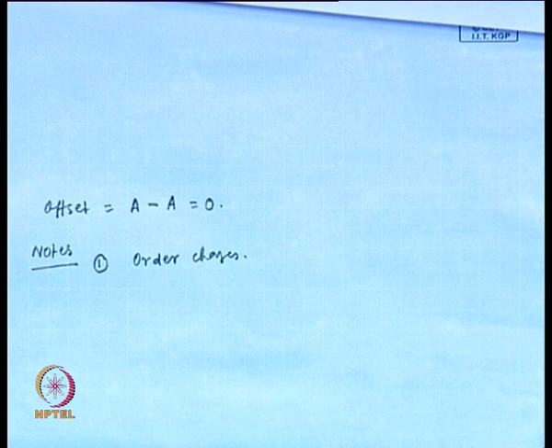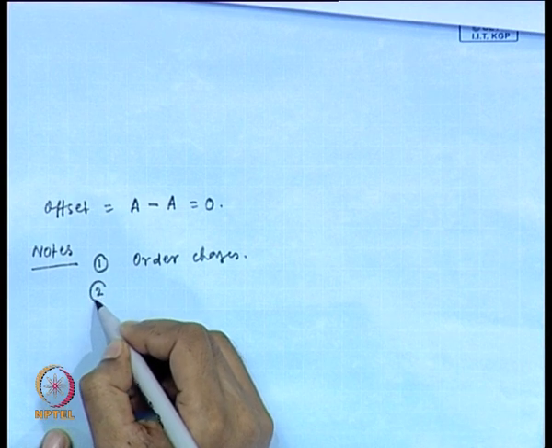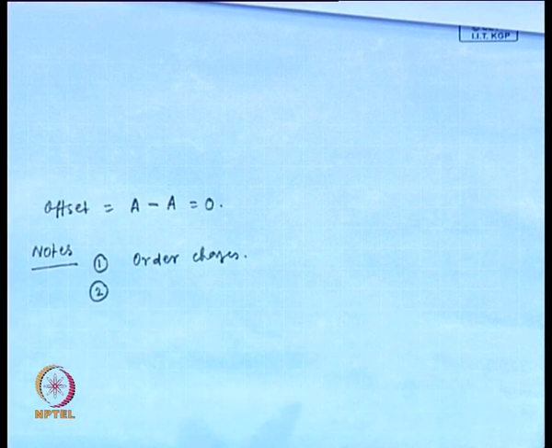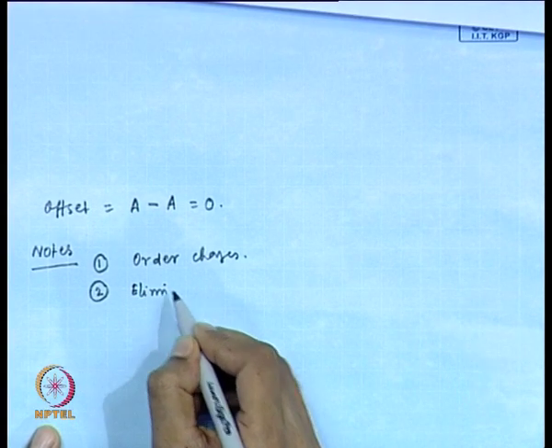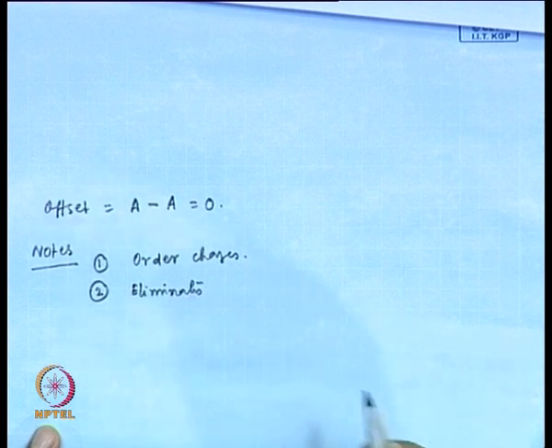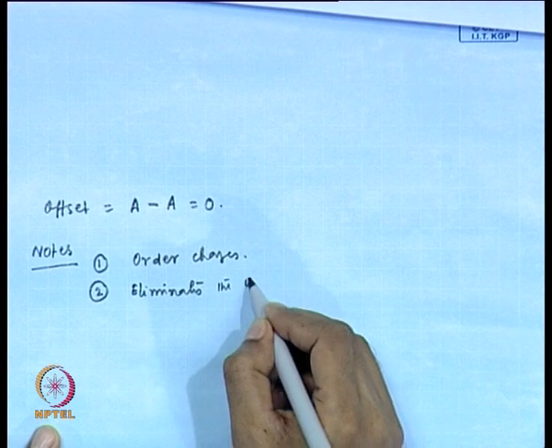This is the first point. Second point is, we have seen that due to the inclusion of integral action, the offset becomes 0. So, the second important point is the integral control action eliminates the offset.